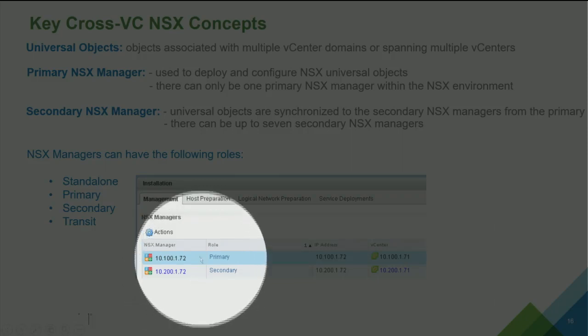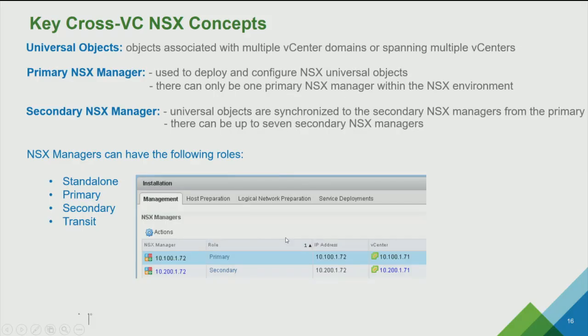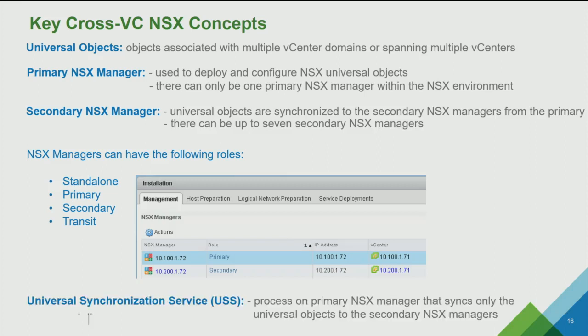Now I can create a universal object on the primary, and it gets synced to my secondary automatically. That's how it works. When I make that first NSX Manager primary, a universal synchronization service starts on it, and that syncs my universal object configuration to my secondary NSX Managers. Right?